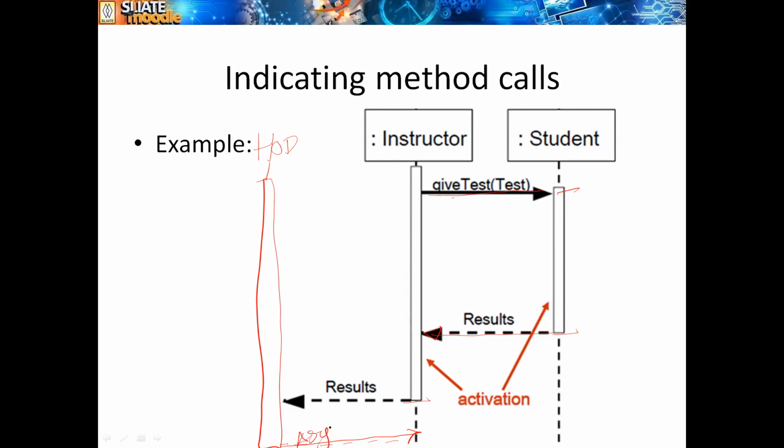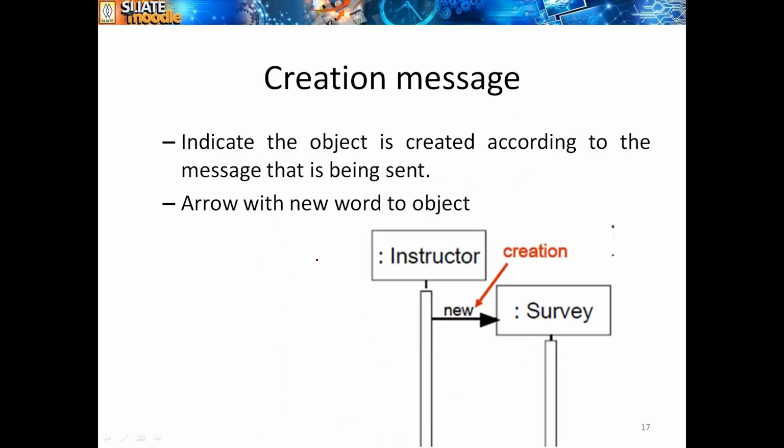Now the creation message. You can see a new message sent to the object. It indicates that this object is created according to the message that is being sent.